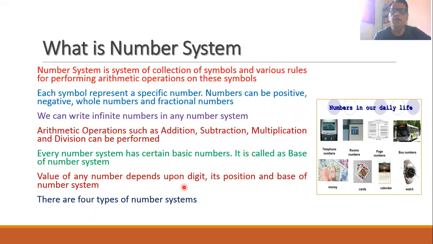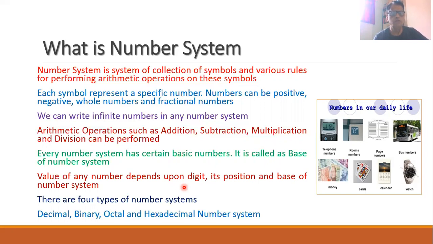It also depends upon the position of the digit and the base of the number system. There are four most commonly used number systems. The first is the decimal number system, which we practice in our daily lives. Another is the binary number system, which is used in digital electronics and in the study of computers.